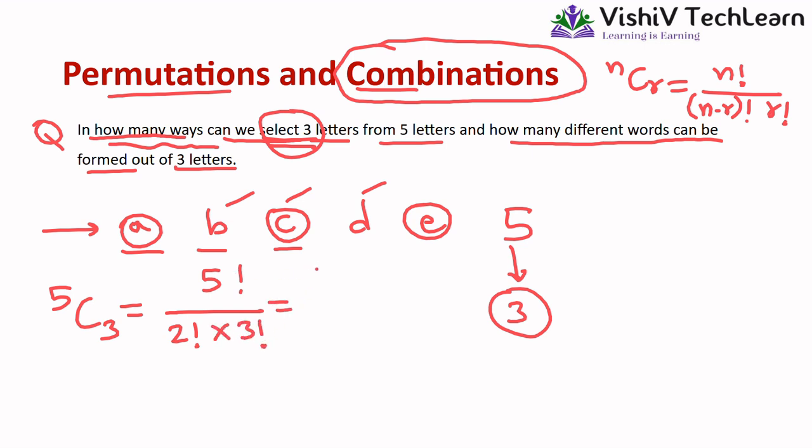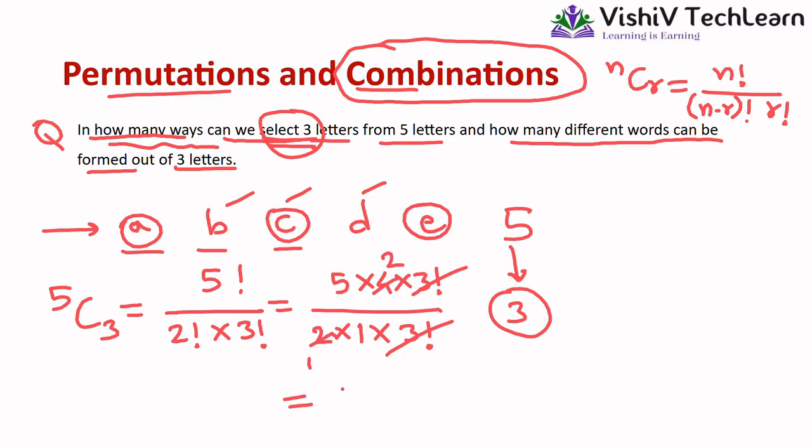Now 5 factorial we can represent as 5 into 4 into 3 factorial, divided by 2 factorial, which will be 2 into 1, multiplied by 3 factorial as it is. Now this 3 factorial we can cancel. 2 ones are 2, 2 twos are 4, and this gives the answer as 10. So 10 different ways are there in which we can select 3 letters out of 5.